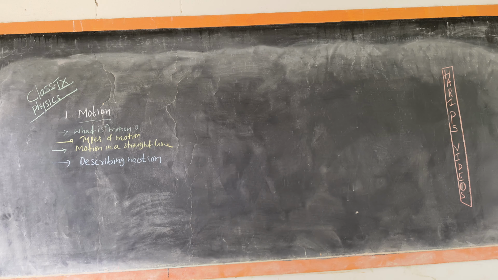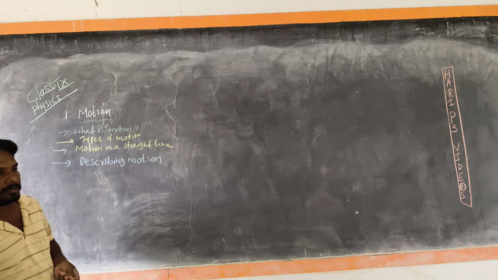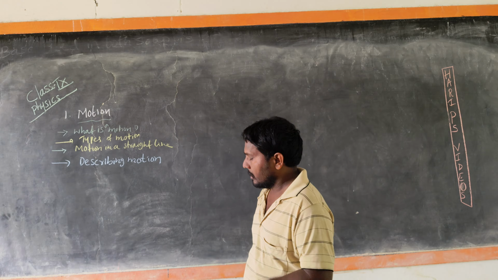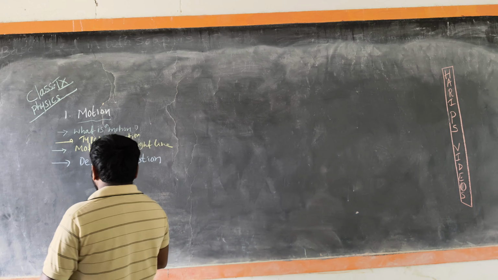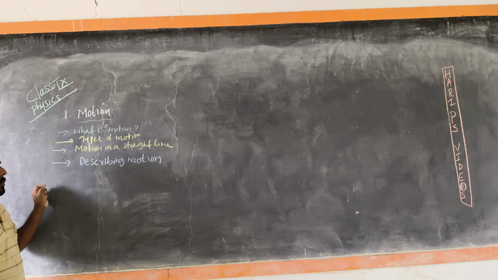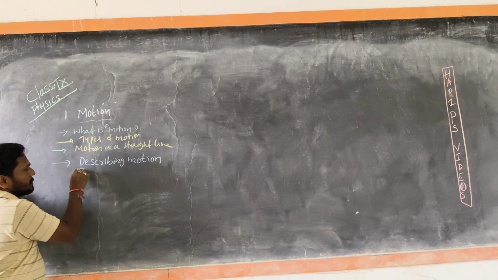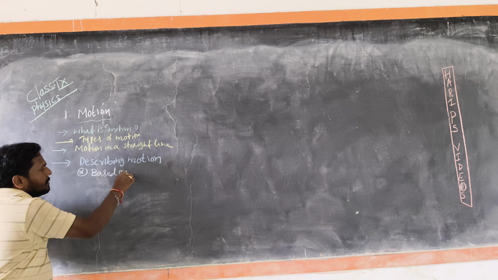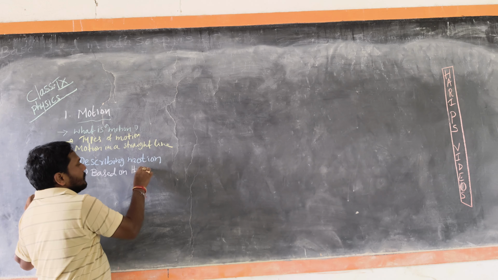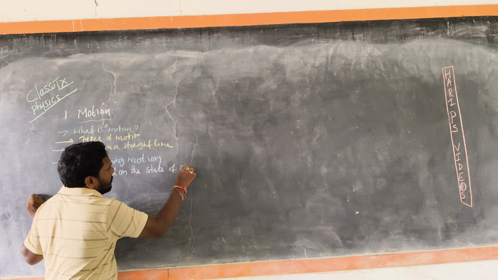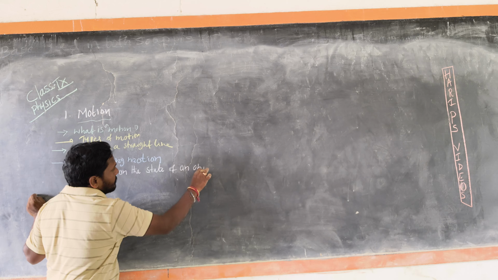The objectives are the brief overview of our chapter Motion in class 9. Describing motion means explaining motion in different ways. The first one is based on the state of an object.